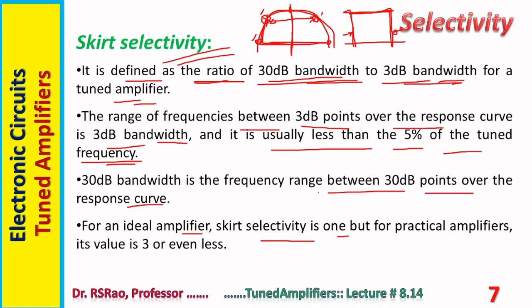Lower cutoff frequency can be 0, upper cutoff frequency can be infinity. Ideal case. But in practice, it never happens. So for an ideal amplifier, skirt selectivity is 1, but for practical amplifiers, its value is 3 or even less.